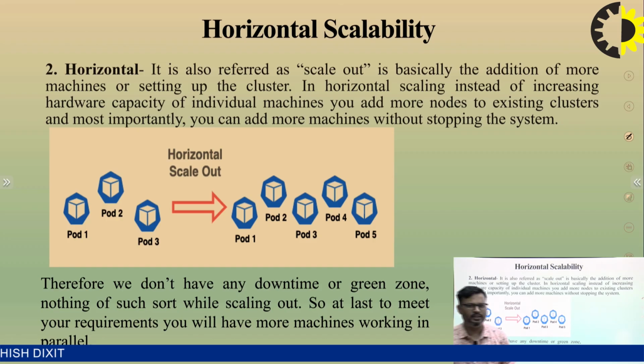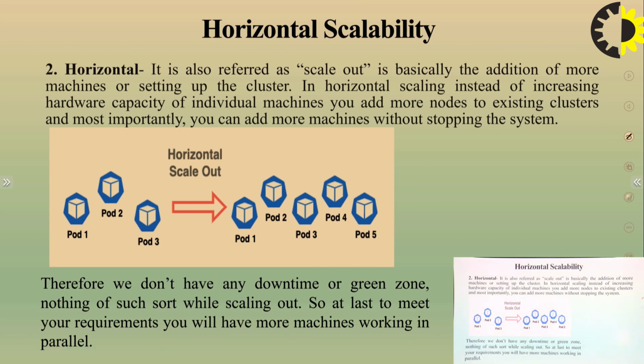Next thing we can talk about is horizontal scalability. So here we have pod 1, pod 2, pod 3, and if we spread in the form of horizontal, then pod 1, pod 2, pod 3, pod 4 and pod 5 will exist in a horizontal mode. Horizontal is also referred to as scale out, basically the addition of more machines or setting up of clusters.